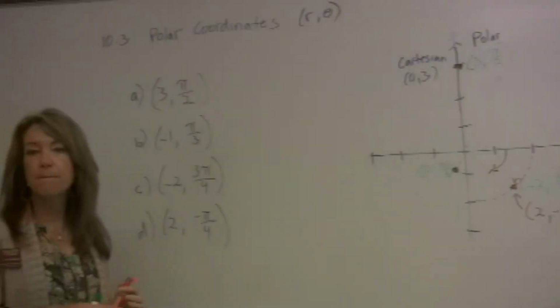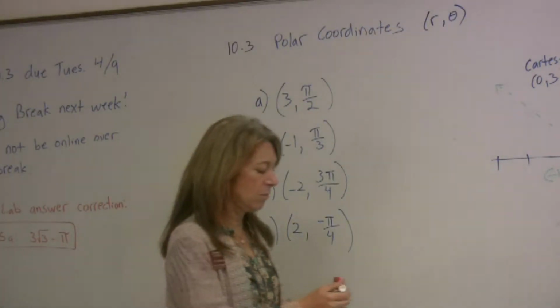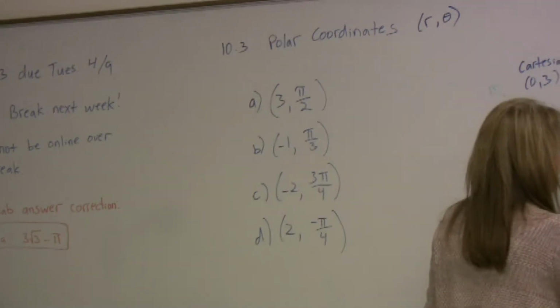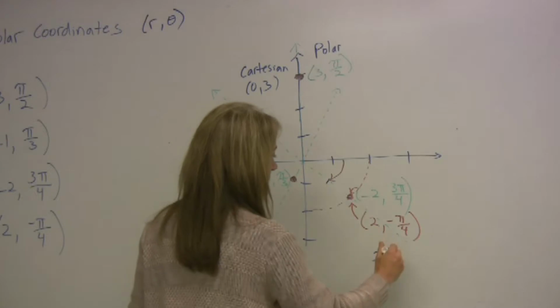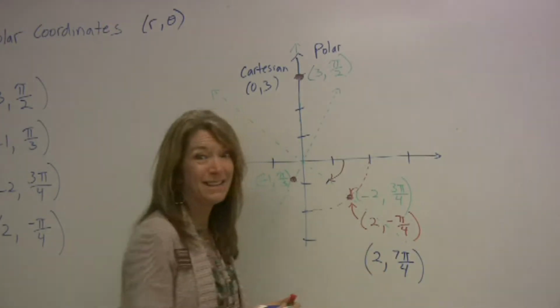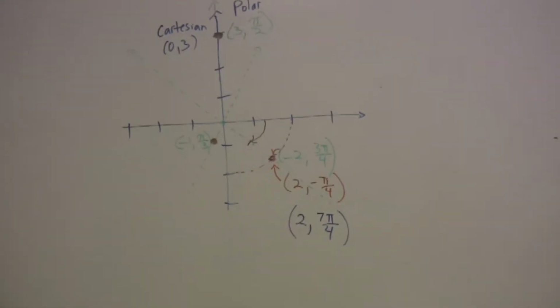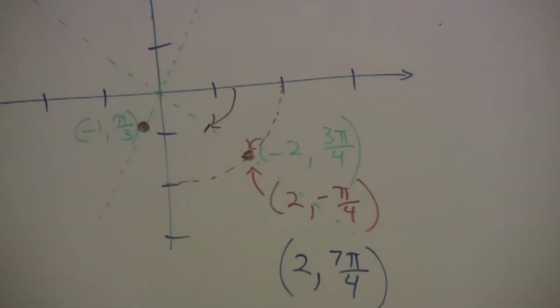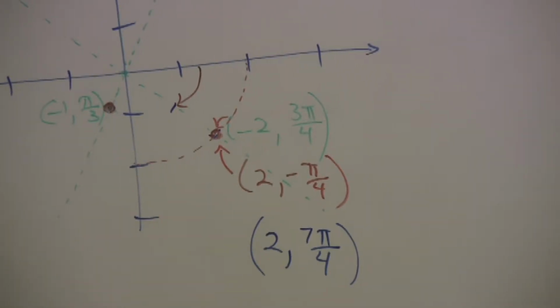Yeah, Zach? Would positive 2 and 315 degrees be the same point as well? Let's find out. 2 and 315 degrees, that's 7 pi over 4. I stay in radians. So his question is, would 2 and 7 pi over 4 be the same point? I have 2 people nodding.